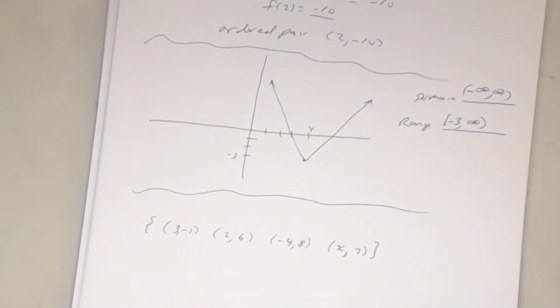So write this down for right now. You have this finite set of ordered pairs.